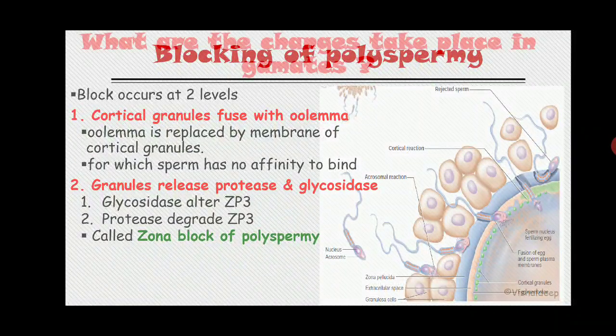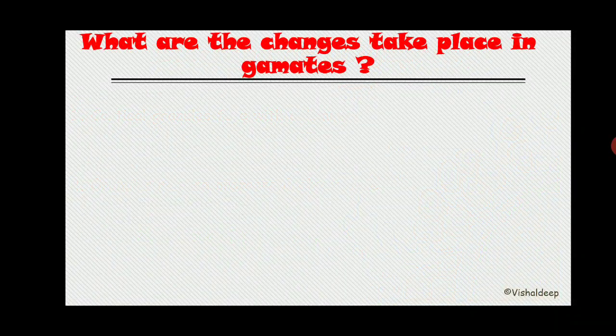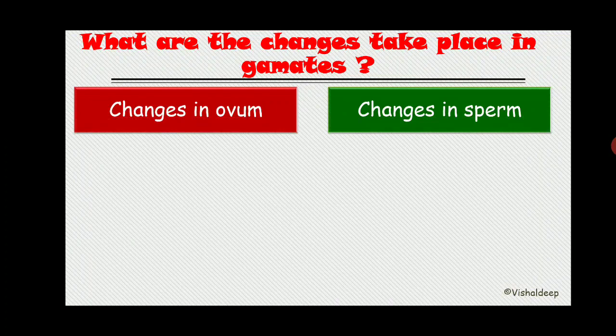Now what are the changes that take place in the gametes? Once the sperm has entered inside the ovum, what are the changes which take place inside the ovum? What are the changes that take place inside the sperm? So first we are discussing the changes in the ovum. Obviously, as I told you in our ovulation lecture, the second meiotic division will be completed once there is a fertilization.